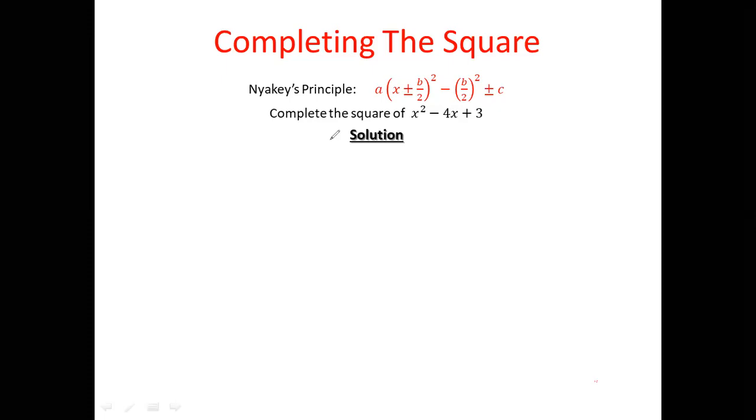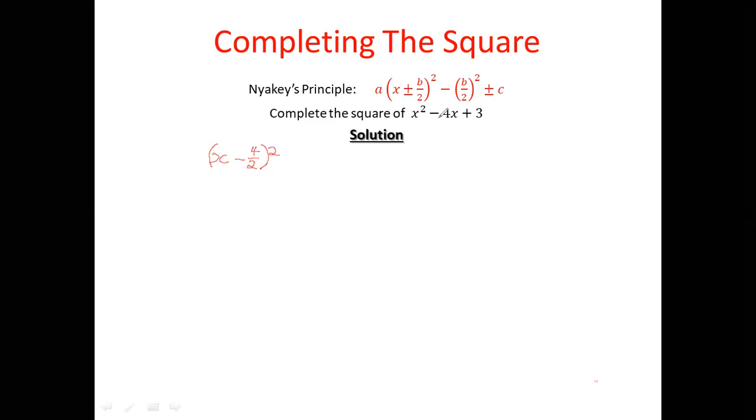Now, following what I have here as the NYAKEY'S principle, all I have to do is to indicate my bracket. And then I will say x minus 4 over 2 and square it. Just look here carefully. You can see that we have b over 2.